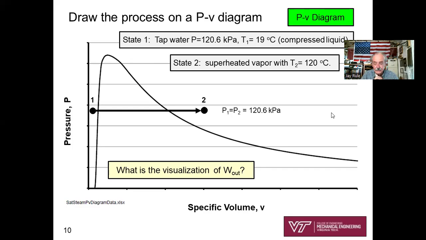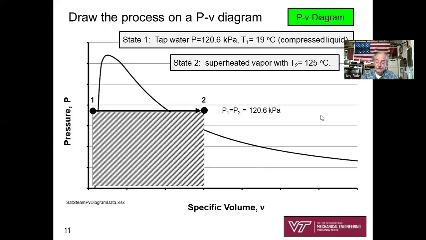What's the next thing I do? The next logical thing, if I've drawn my PV diagram, is I can visualize the work out, can't I? That's the next logical thing to work on. The work out is the integral of m times the integral of P dv. And there it is, that shaded area. It's the area of a rectangle.